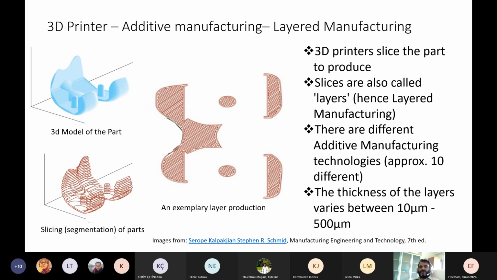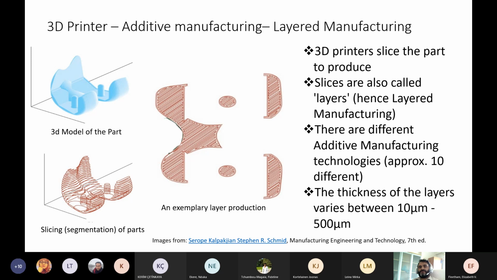If we give an example of 3D printing of a knee implant shown on the slides, after the CAD model is saved as an STL file, it's divided into slices in the slicing program. After this, for each of these slices, here we show only one, the path that the printhead should follow is created by the software.